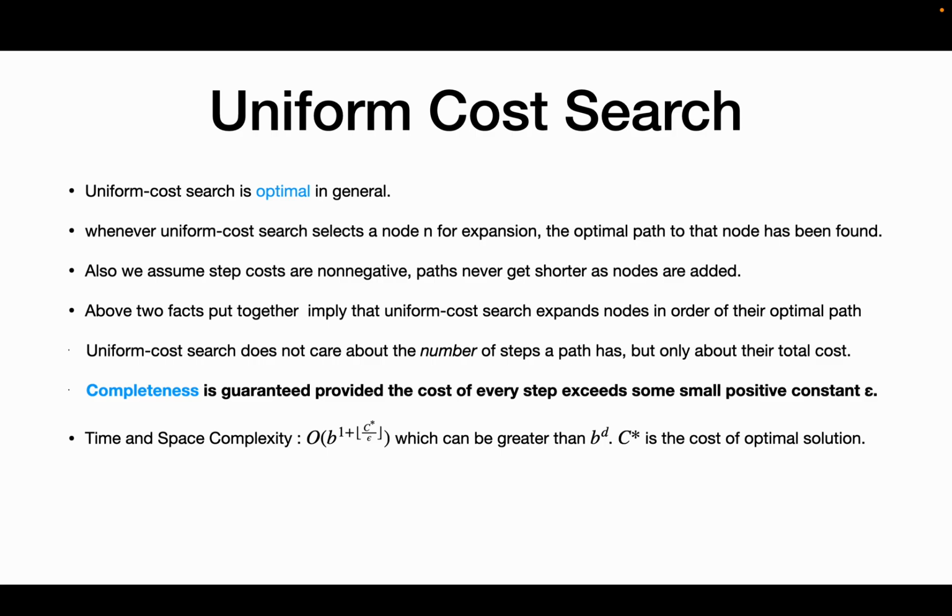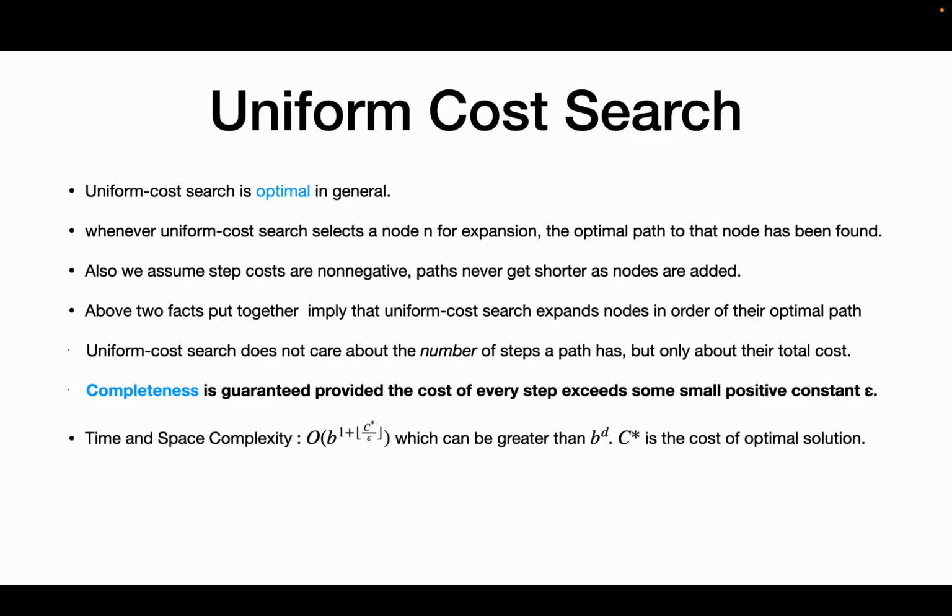If we divide the total path cost by epsilon, we will know at most how many steps or edges it could have, because we are analyzing the worst case.